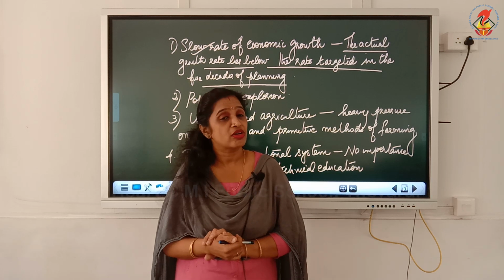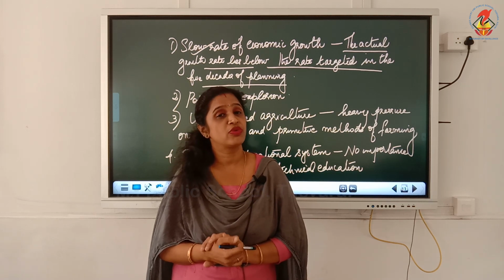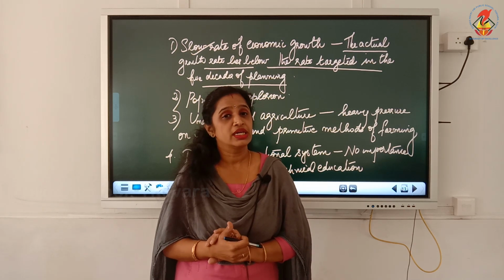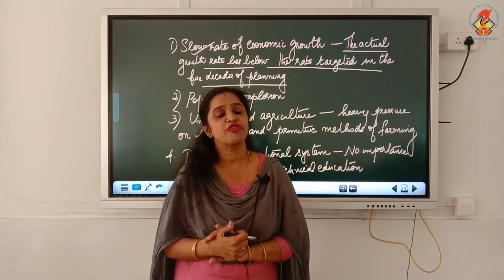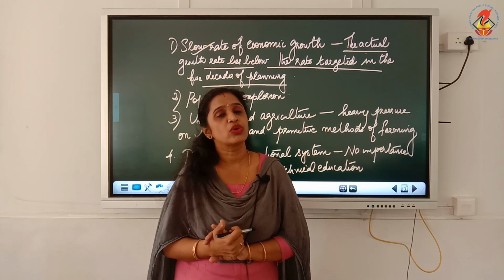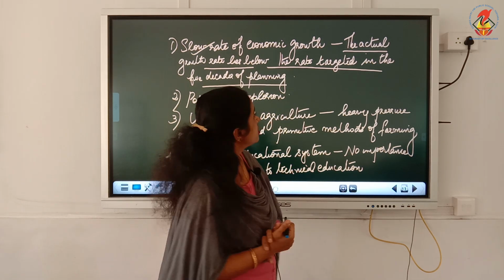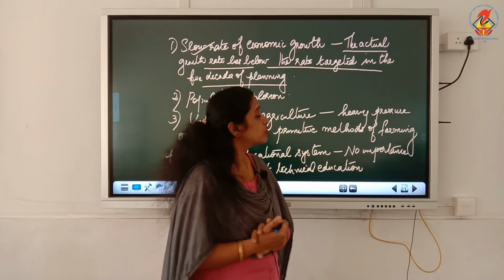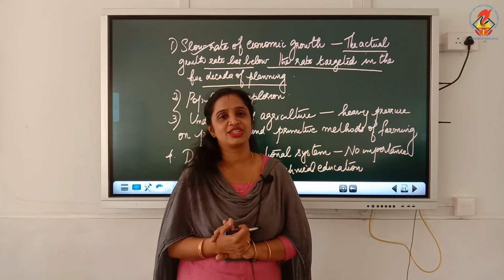In that, the concept of economic growth was the most important point which was stressed. Even with the 5 decades of planning, India is not able to reach economic growth to its maximum. So, that is the main problem which exists even now. The actual growth rate lies below the targeted one.